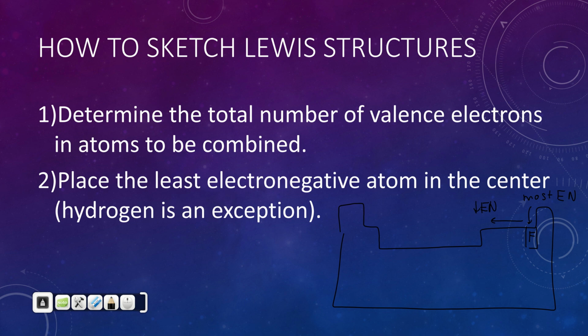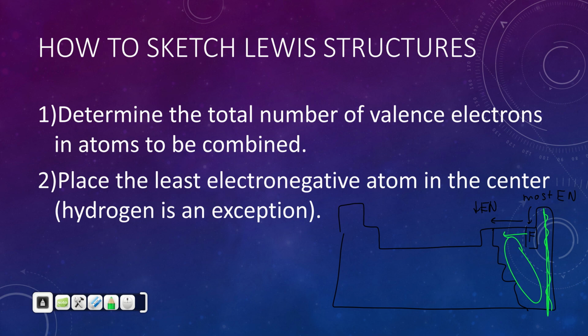And so we are primarily only using elements on this side of the periodic table. I'm going to change colors here. We're only using elements on this side of the periodic table. We're not going to use noble gases, so they're out. So we're not using a lot of atoms. When you're trying to figure out which element is the least electronegative, you're trying to use the atom that's the farthest away from fluorine, and that's the one we're going to try to put in the center.